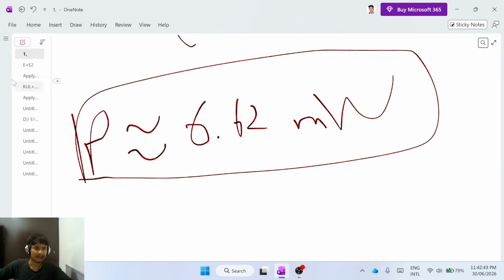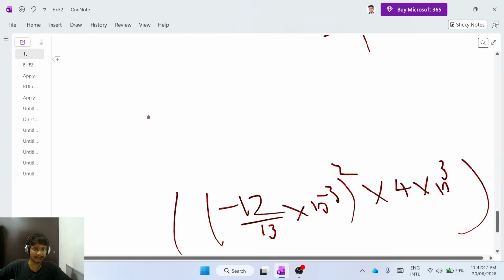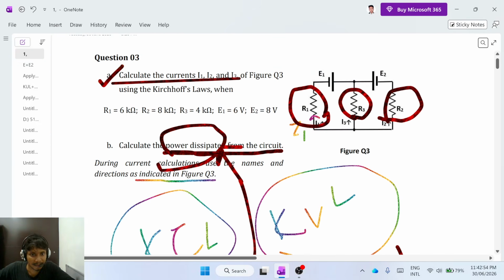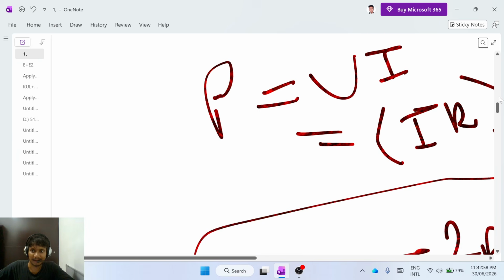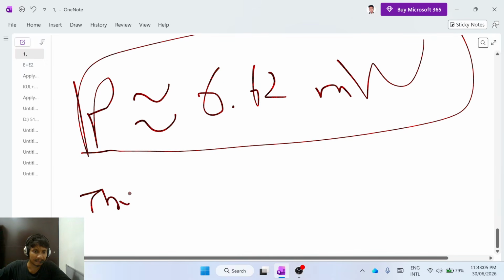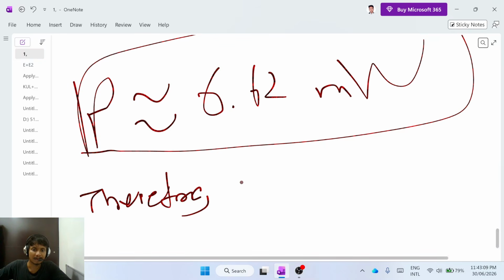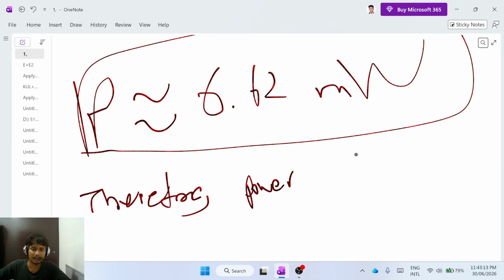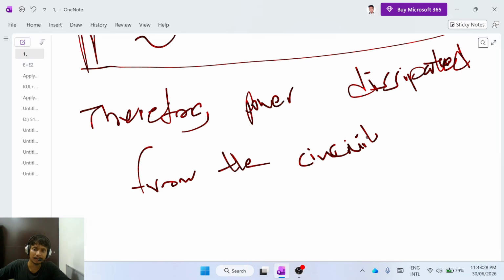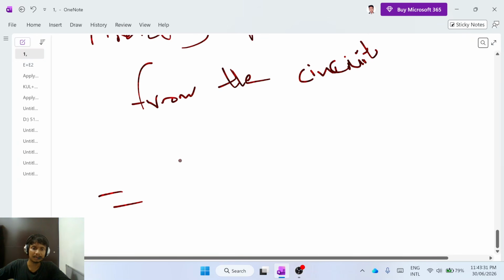Therefore, the answer to the question, calculate the power dissipated from the circuit: please write, therefore, the power dissipated from the circuit is equal to 6.62 milliwatt.